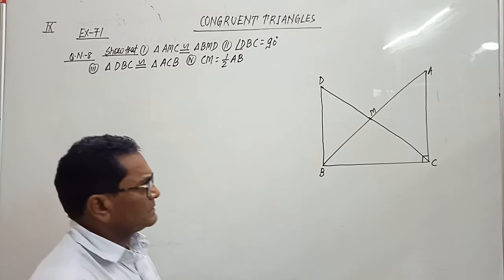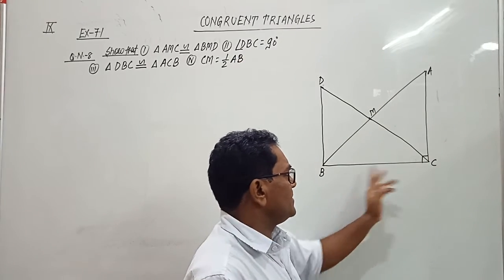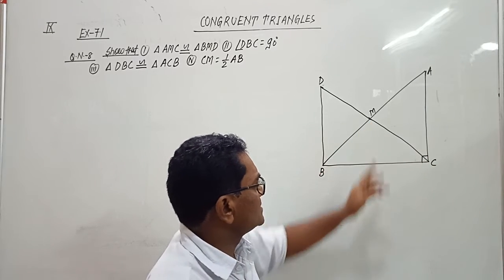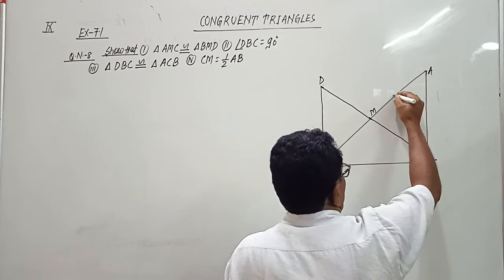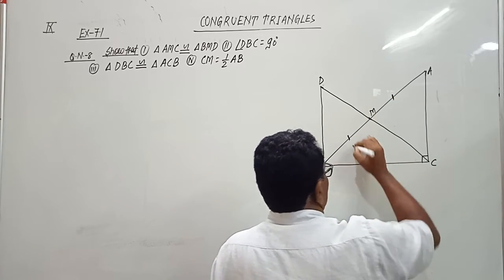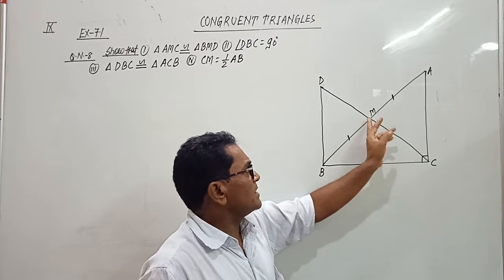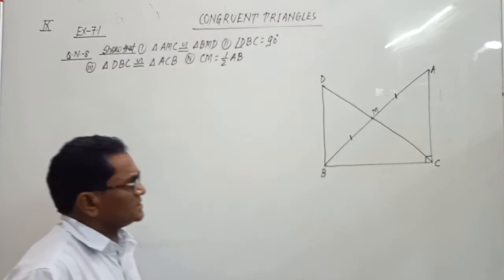So we have given a right triangle ABC, right angle at C. M is the midpoint of AB. We have given, it means AM equals BM. Join C to M and produce to D such that CM equals DM.